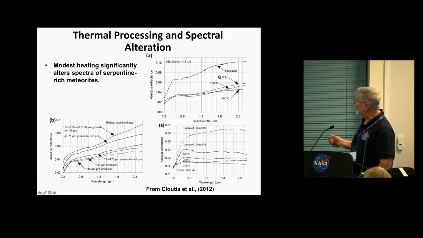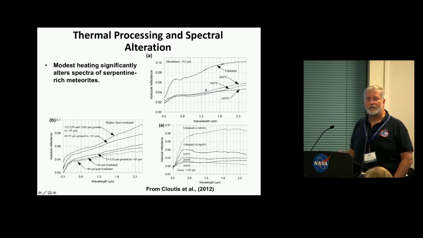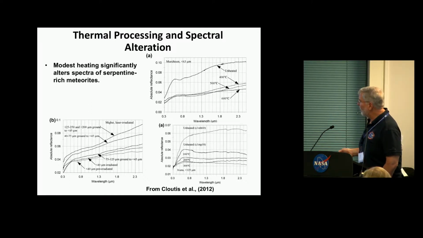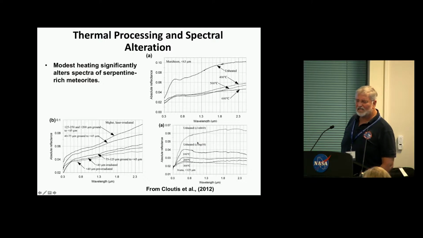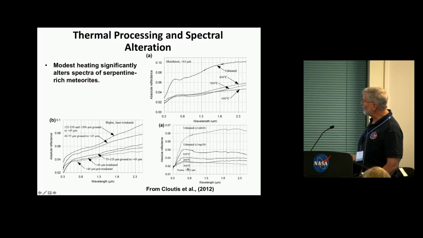And this was done in atmosphere, so the chemistry is completely off. But very modest heating really hammers the spectra of things like Murchison, that's a CM carbonaceous chondrite, or Ivuna. So unheated, heated to 100 degrees drops the albedo like 40%. Something's going on there. 300 degrees C drops it by 200%.